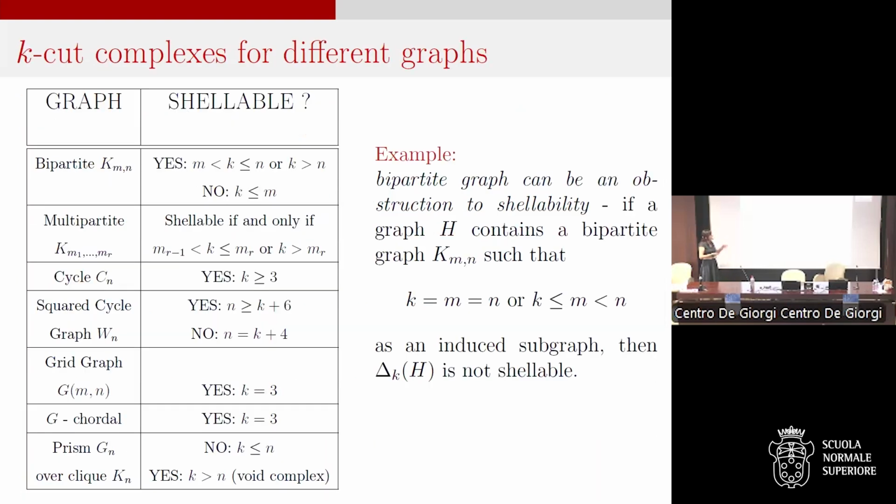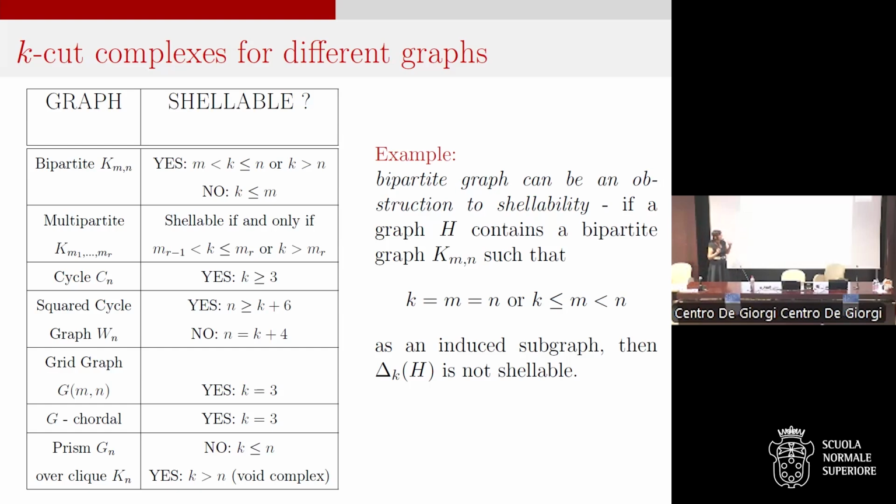Okay, well, now a bunch of results like bipartite, multipartite, cycle, and so on. Here is this table. Someone can read results in the paper. But one idea that is more general than just these results is to use the property that if a graph has a shellable cut complex, then all of its induced subgraphs also have shellable cut complexes.